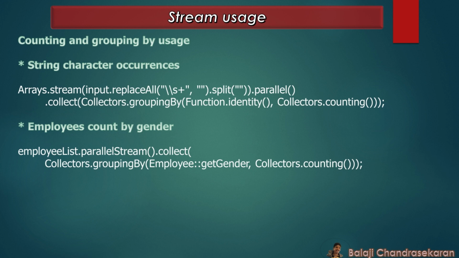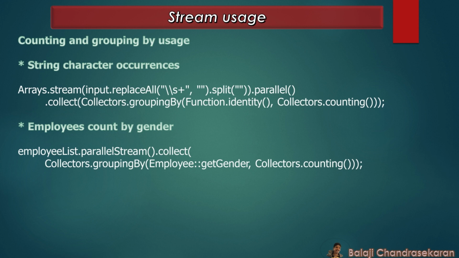It produces a map where the keys are the unique characters and the values are the counts of occurrences of each character. Overall, this code snippet transforms an input string by removing the white spaces, splitting it into individual characters, and then counts the occurrences of each character, producing a map of characters and their counts.